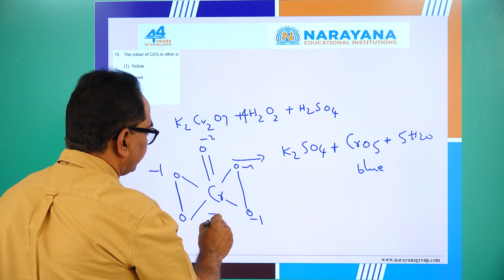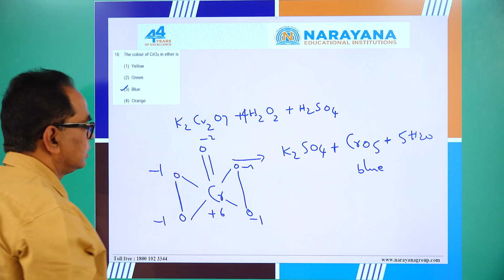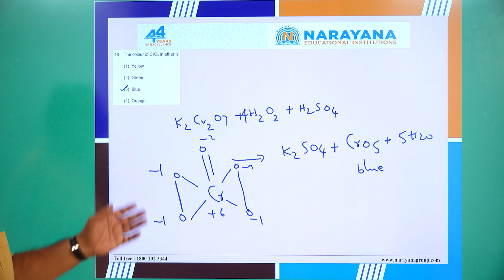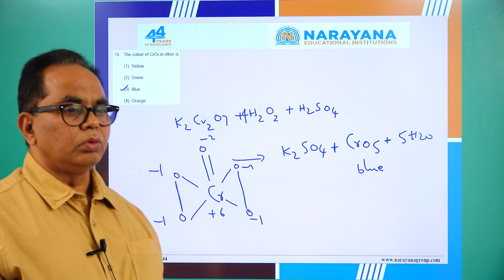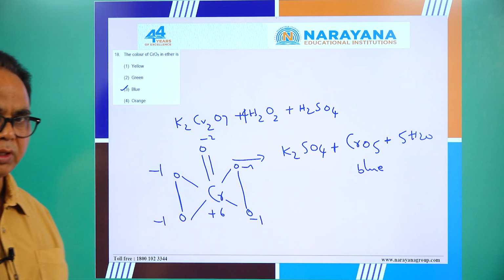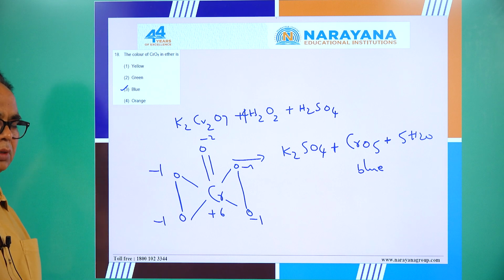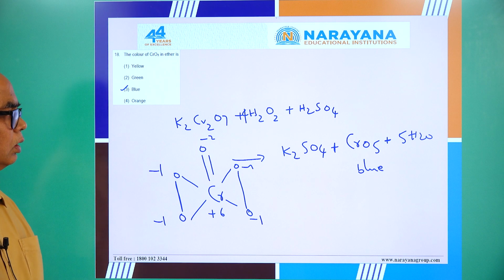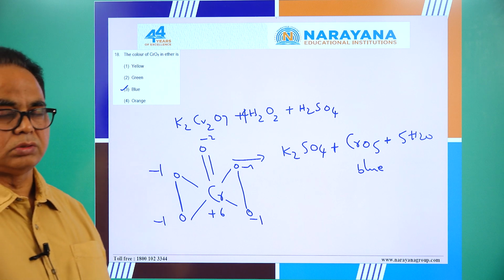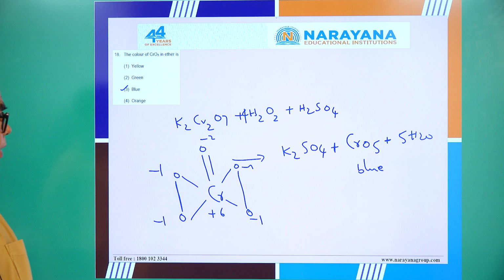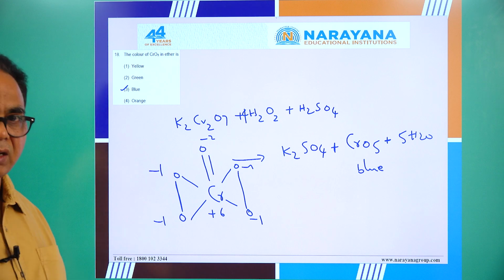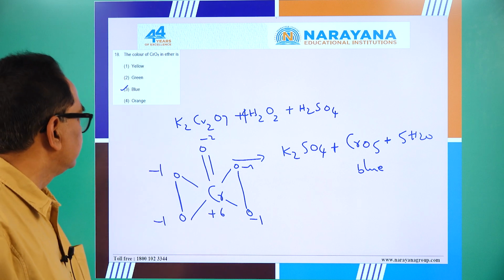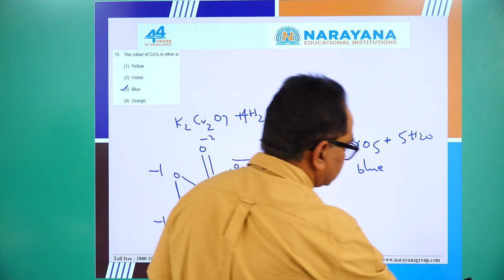So the oxidation number of chromium is +6. If you are following this video, you may benefit in the next exam, because this is one of the important ones. The oxidation number of chromium in CrO5 is +6. Or, how many peroxy atoms does chromium peroxide have? 4. Or how many peroxy bonds? 2. Like that. Moving to the next question.